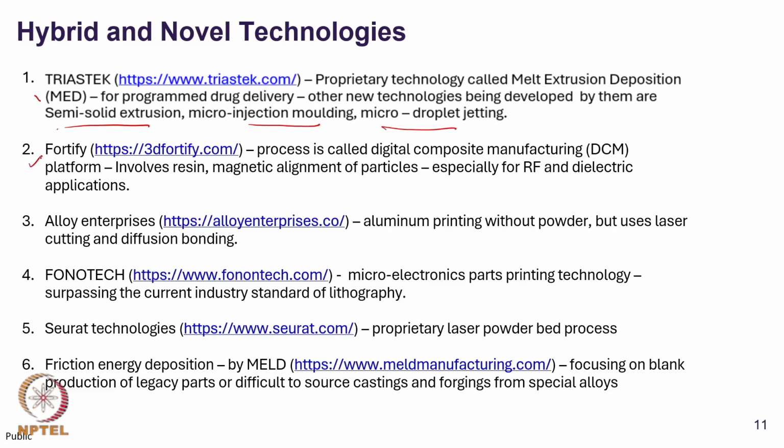A company called Fortify has introduced a process called digital composite manufacturing, where a resin with the presence of fibers which can be magnetically aligned is used for making RF sources, which are radio frequency sources, and various dielectric shapes which can be used for applications in space and satellites.